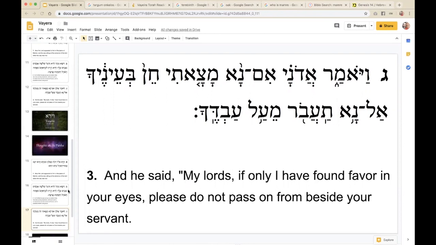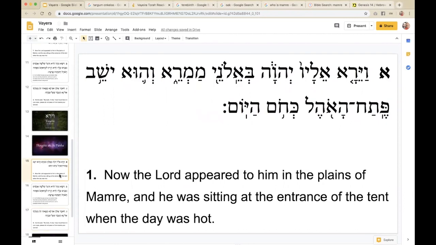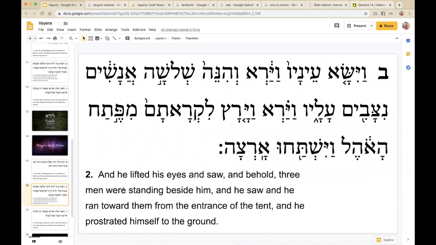Okay, so the other interpretation of this is that here in the first verse, where it says, "Now the Lord appeared to him in the plains of Mamre," so Hashem, God, appeared to Abraham. That's one part of the story. And then the second part is, and he lifted his eyes and saw, and behold, 3 men.